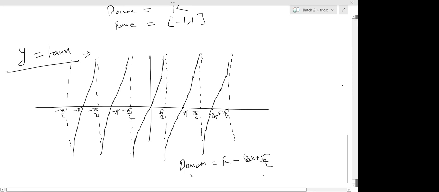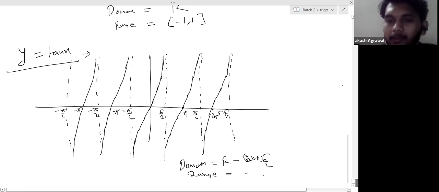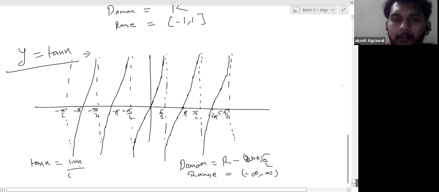Can you explain once again? All right, I'll explain. The range will be minus infinite to infinite. Tan x is sin x upon cos x. So whenever sin x is 0, tan x will become 0. And whenever cos x is 0, tan x will become infinite.